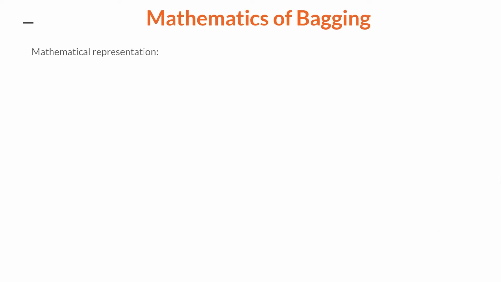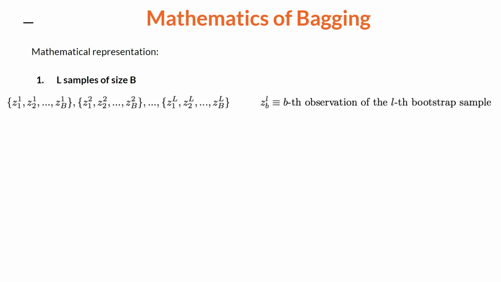So let's talk about how to represent this process mathematically. So remember, you have L samples of size B, and those can be represented mathematically as follows. Each sample is contained within a curly bracket.